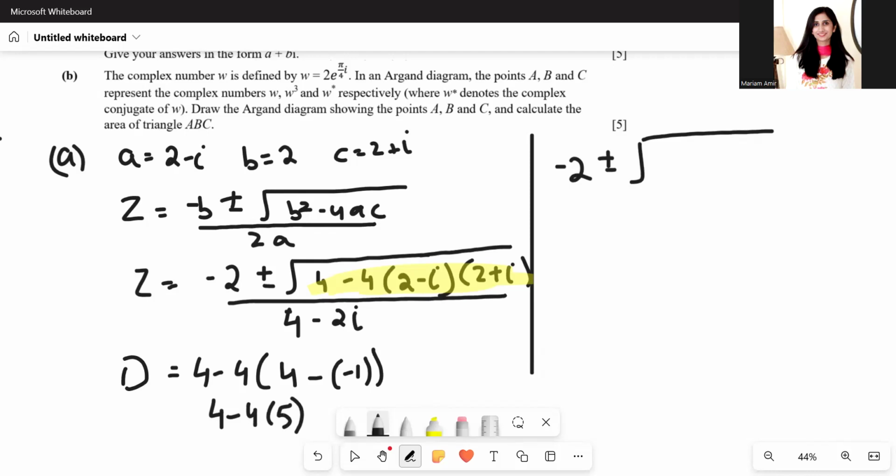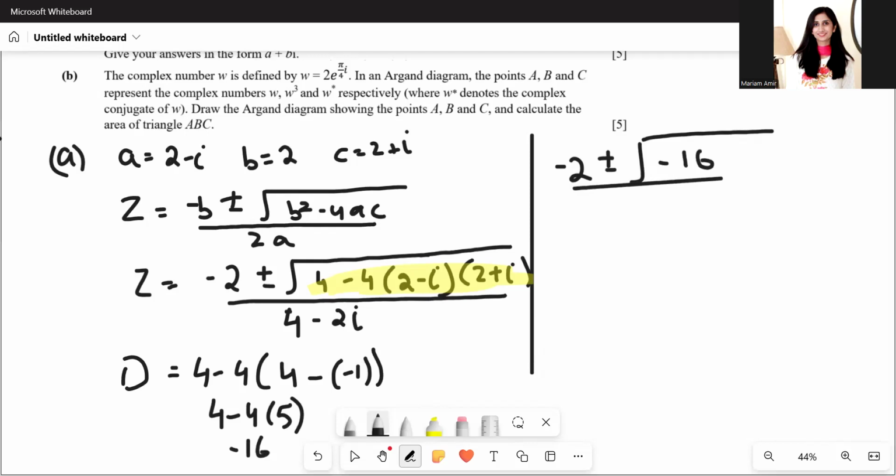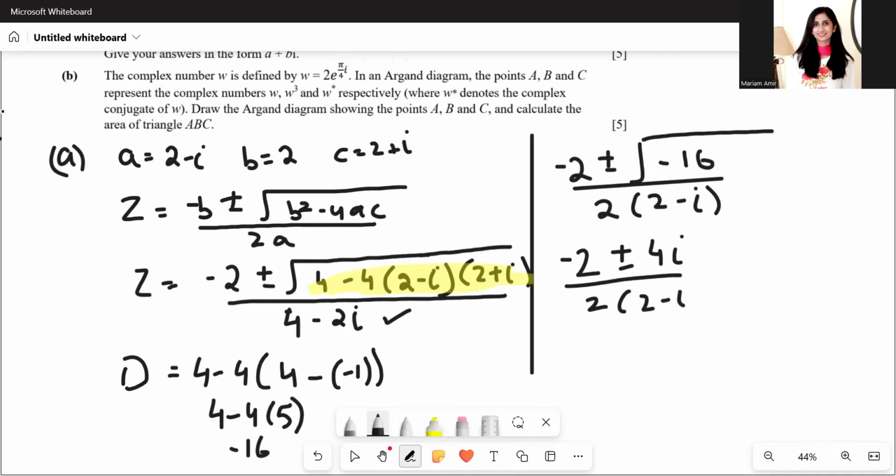That is 4 minus 20, which is minus 16. Divided by, in fact, I'm going to keep this factorized as well: 2 times (2 minus iota), because the 2 will cancel with the numerator. Okay, so minus 2 plus minus, this becomes 4 iota upon 2 minus iota.